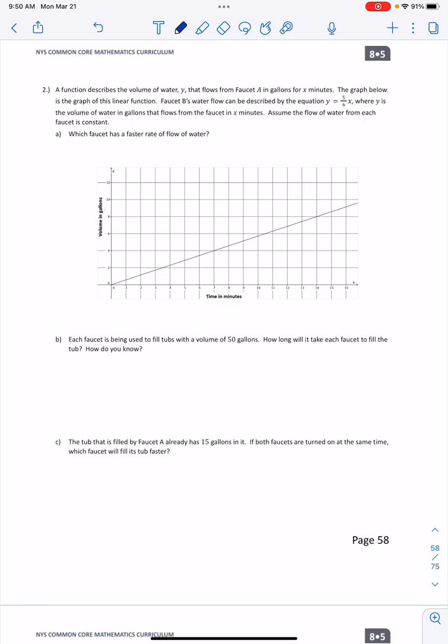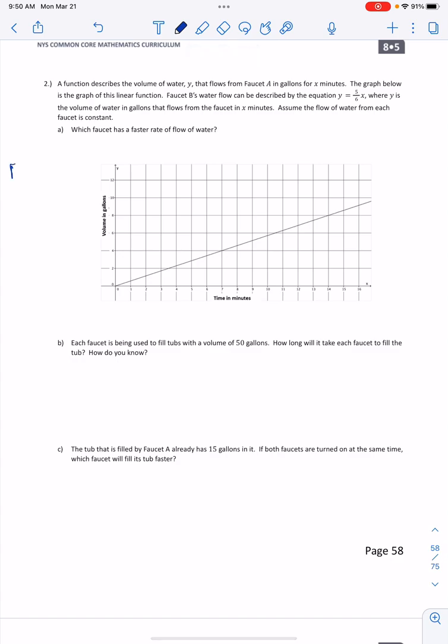Well, faucet B, we have y equals 5/6x. Faucet A, it goes up 4 and it goes over 7 because we have this point and we have this point.